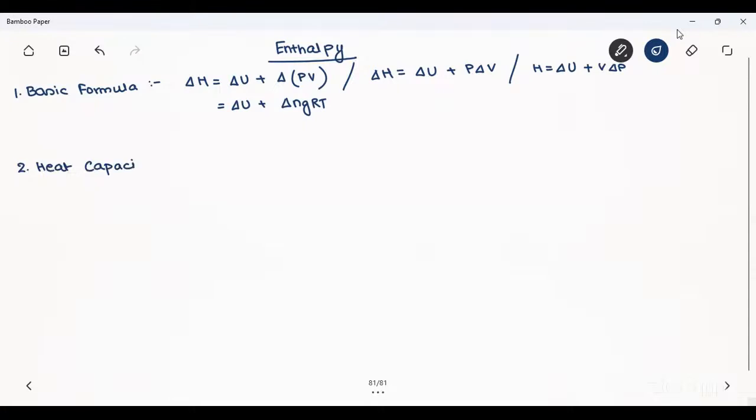Heat capacities are a lot of things. First was the total heat capacity. Second comes our molar heat capacity. This is the molar heat capacity. Third comes the specific heat capacity.